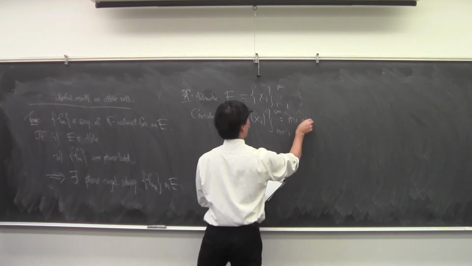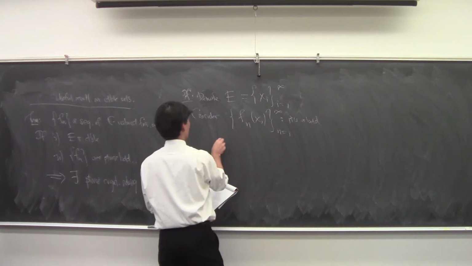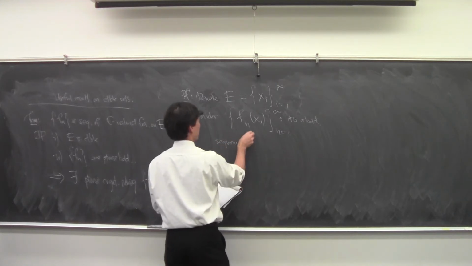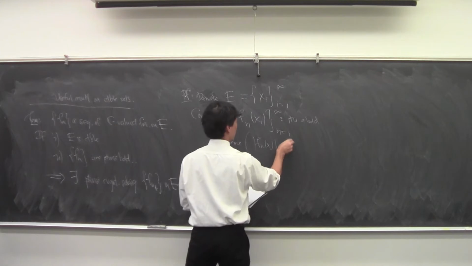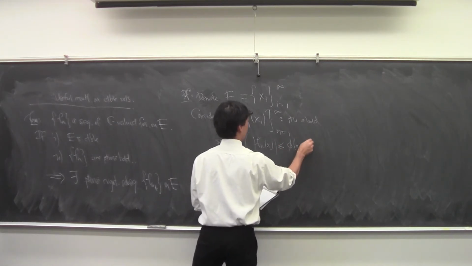We've got a convergent subsequence by Bolzano-Weierstrass. This is a bounded sequence of points, because we know that the Fn(x) are all less than some phi of x, for all n.